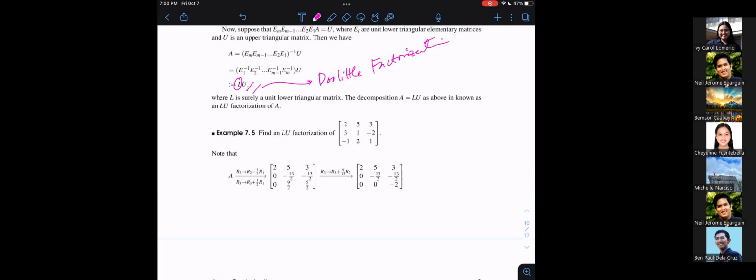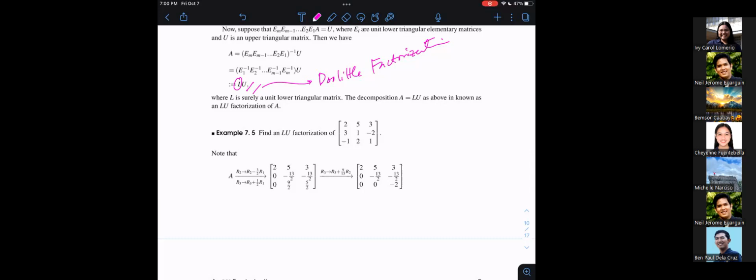Kasi pwede mong tingnan, isang machine learning algorithm ay gumagamit ng linear systems pag solve ng unknown parameters. Dahil yun yung gagawin mo, lagi siya nata-translate sa Ax = b, where b is a bunch of data that you got from your database.